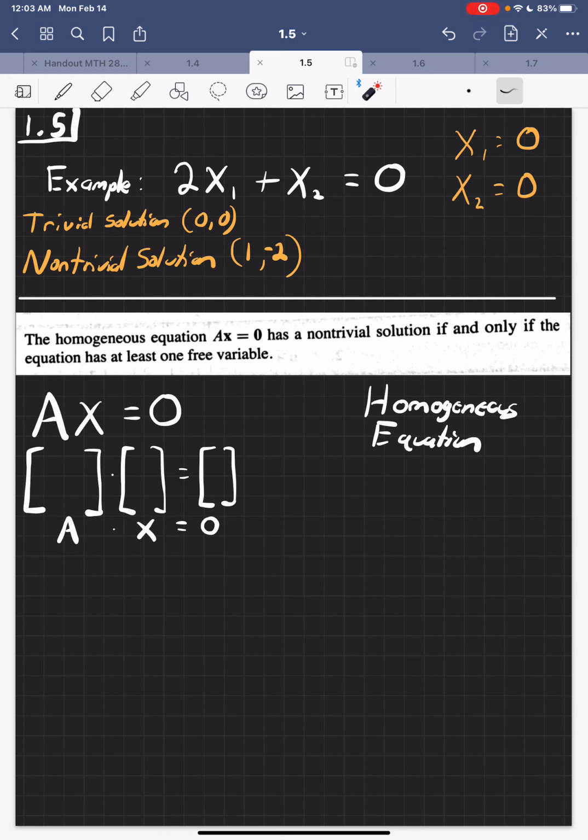So what that means is if 0, 0 is already one of your solutions, then in order to have any more, we're going to have free variables. That is, in essence, what this question comes down to. Can we find at least one free variable? If so, we should be able to find non-trivial solutions.